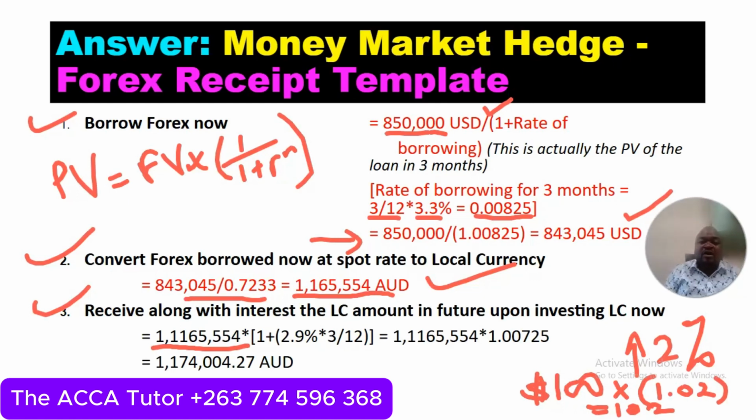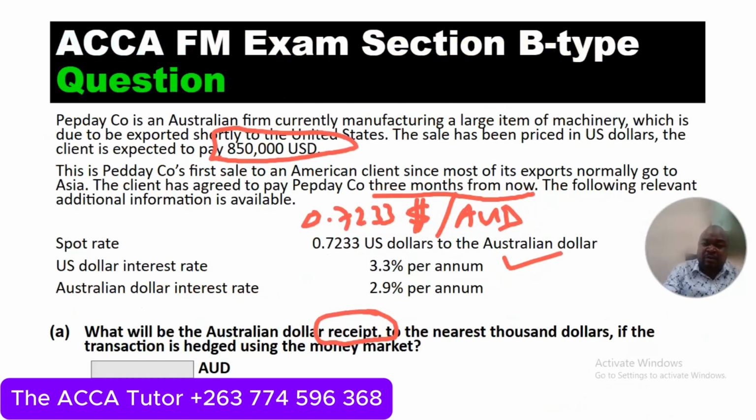Okay, so let us then come back to the solution. We first take this amount which we have taken from this. It's just the same amount, but we want to increase that one in the bank, at the deposit rate. The Australian dollar interest rate is 2.9% per annum.